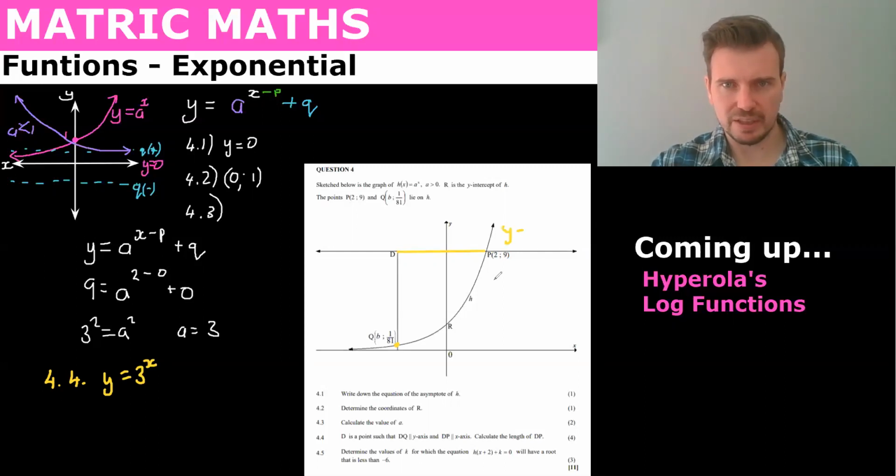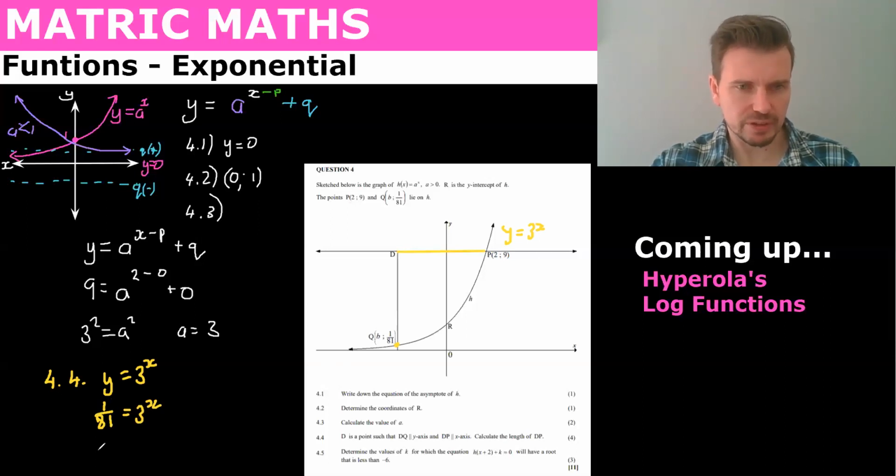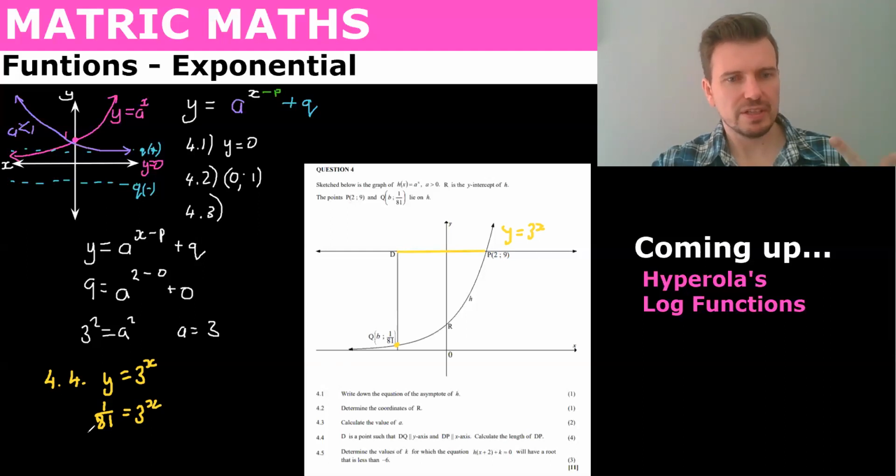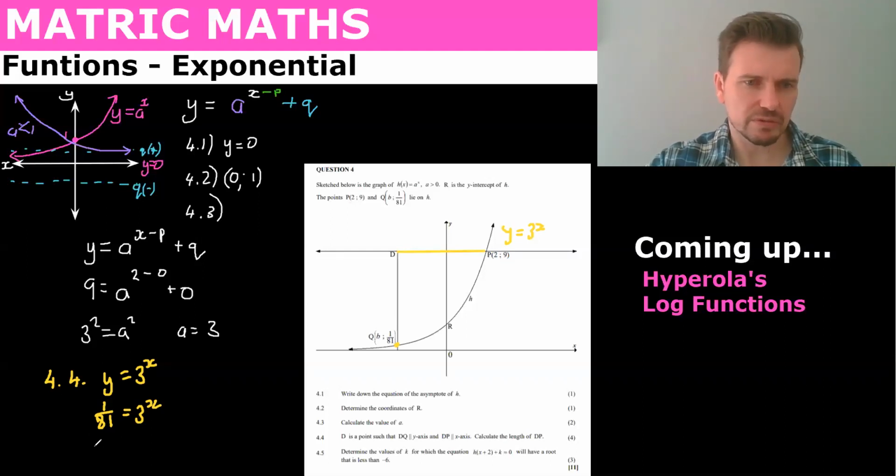Let's just write that in here. And so we know that 1 over 81 is the value of y. And 1 over 81 equals 3 to the x. Now, 81 is 3 to the 4. No, 27 is 3 to the 3. So it's 3, 9, 27, 81. Yeah, it is 3 to the 4.